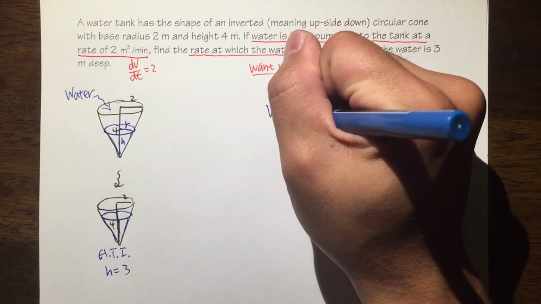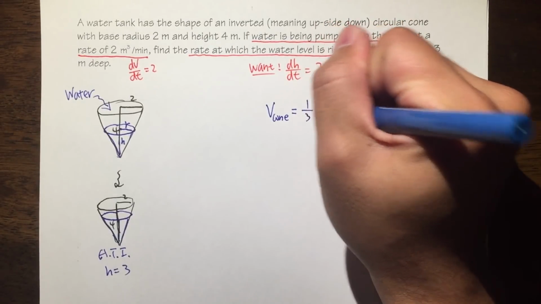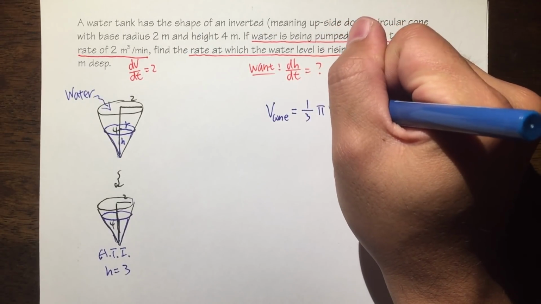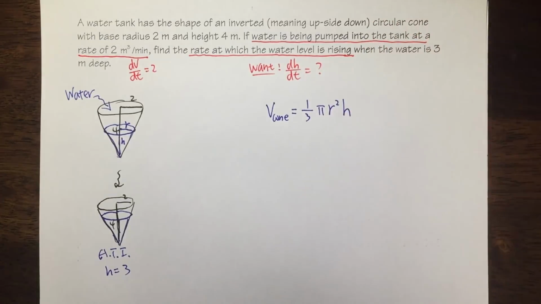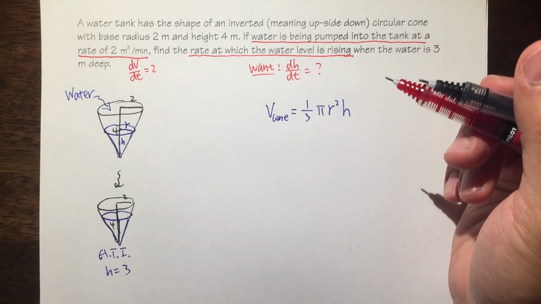The volume of a cone is given by the formula 1/3 pi r squared times h. In this video, I will just use the formula. Maybe later on I will explain why this is the formula for the volume of the cone, but that's later on.